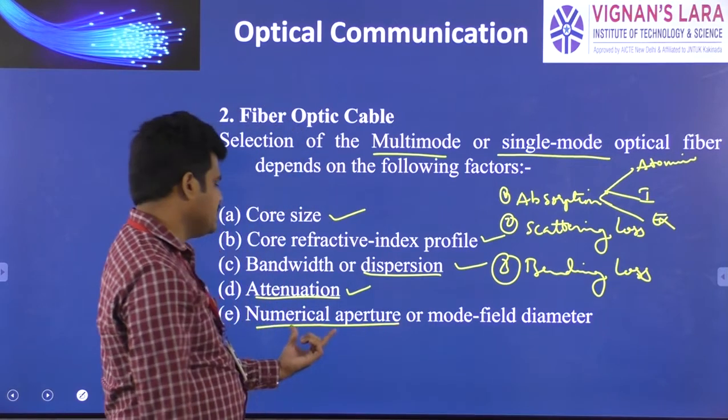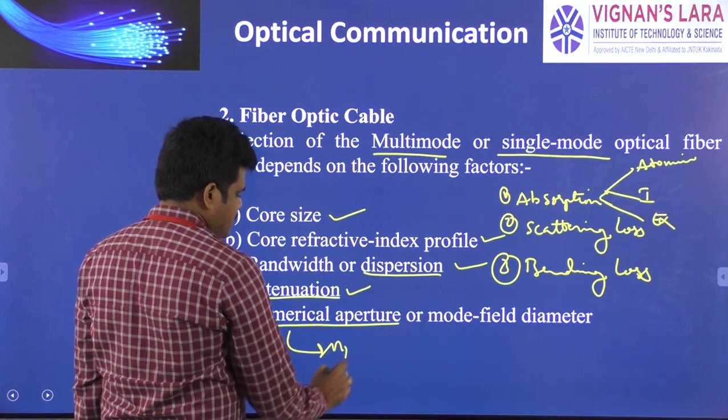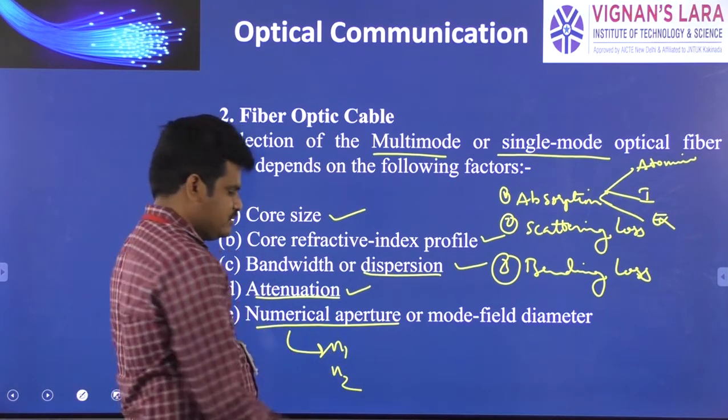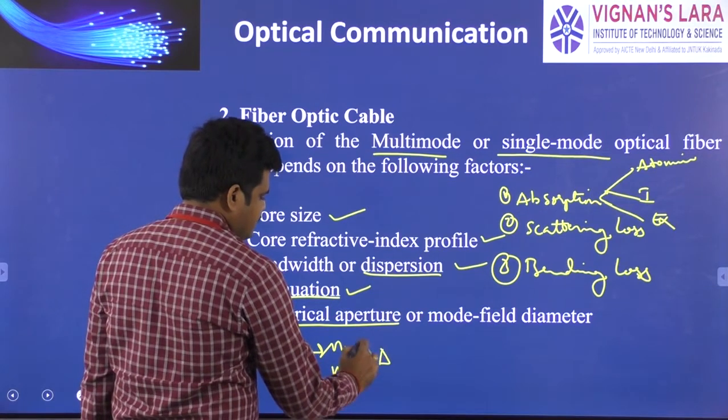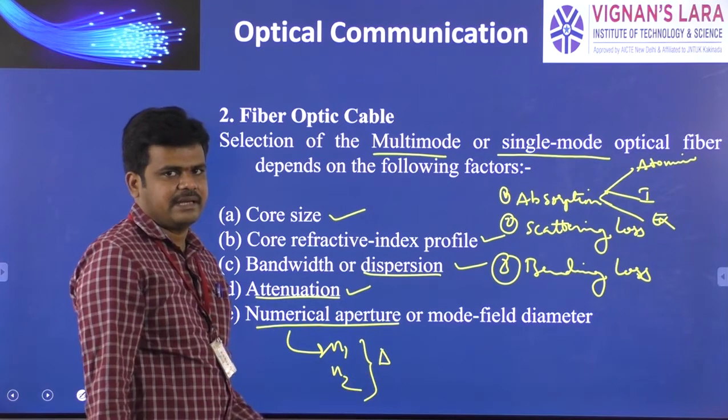Numerical aperture here depends upon the refractive index of the core, the refractive index of the clad, or you can say the relative refractive index between the core and clad, say delta.